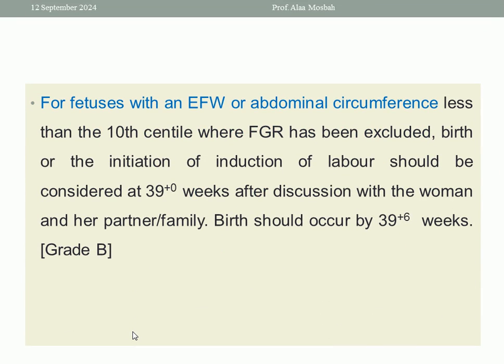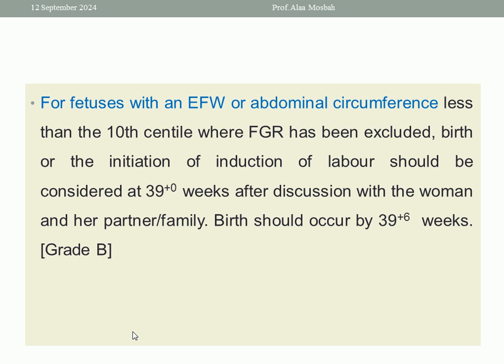For a fetus with an expected fetal weight or abdominal circumference less than the 10th centile, where fetal growth restriction has been excluded, birth or initiation of induction of labor should be considered at 39 weeks, after discussion with the woman and her partner or family.